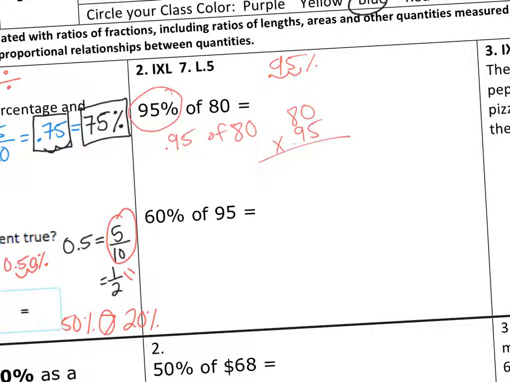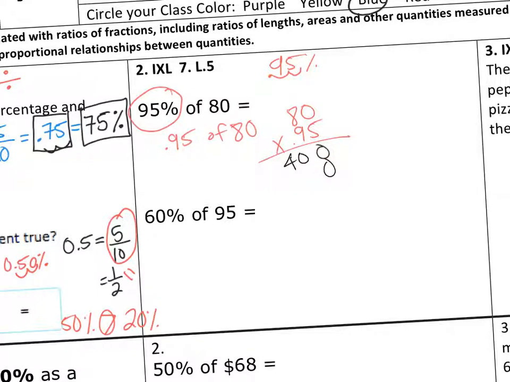You can also do mental math if the percentages are nice and if the amounts are nice. But if you had like 81.55, you probably don't want to do the mental math on that. You probably want to write something down. So for this case, I'm just going to multiply just for the sake of proving that it works. 0 times 5 is 0. 8 times 5 is 40.